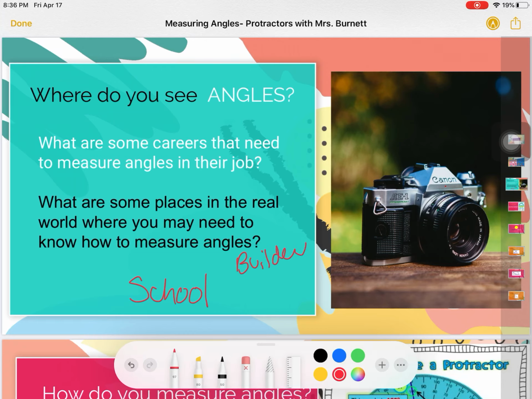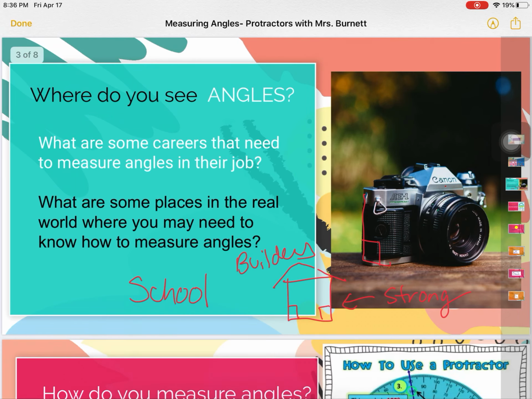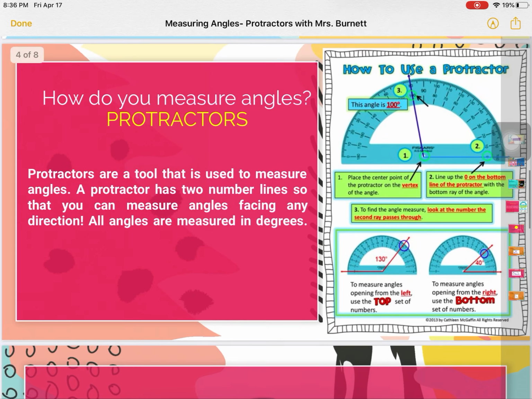Maybe we have architects that are building buildings and they want to make sure that all their angles are correct in order to keep this house strong and sturdy. There's also engineers. Engineers are people that build things, and maybe they need to know the angle of every single corner to make a product correctly. So angles are super important. We just want to understand how big and how small they are. And then a protractor will help us get even more precise.